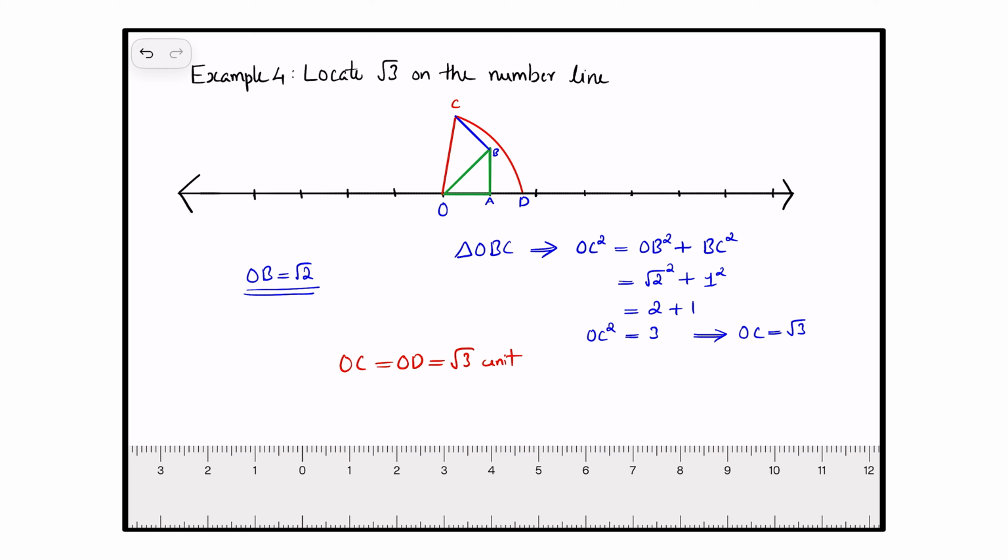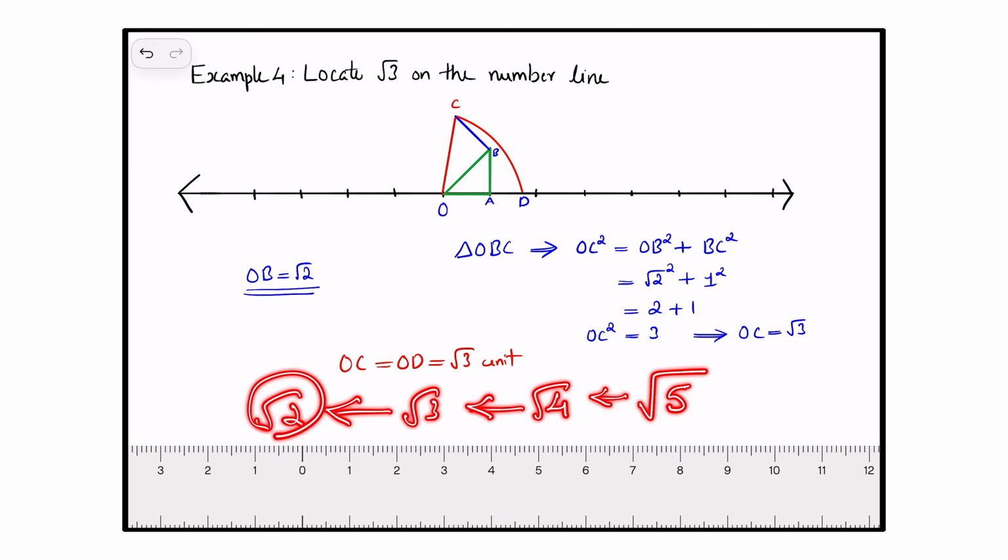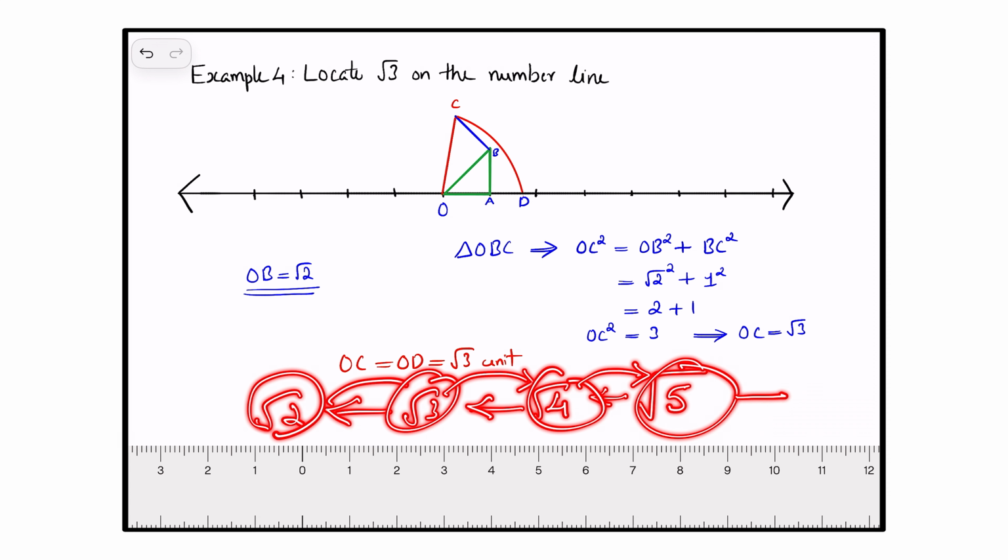Imagine we have to locate root 5. How will we do this? First we will plot root 4, before that we will plot root 3, before that we will plot root 2. So we plot root 2, then we get root 3, then we get root 4, and then we will get root 5. This is the way we are going to do.